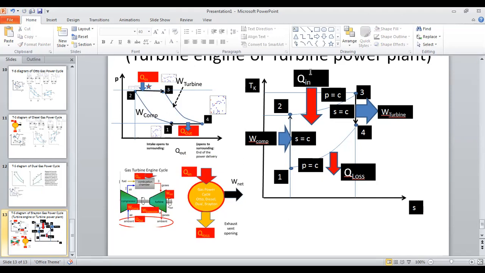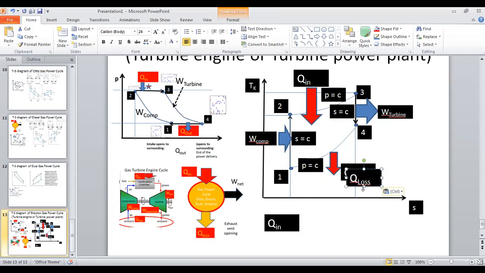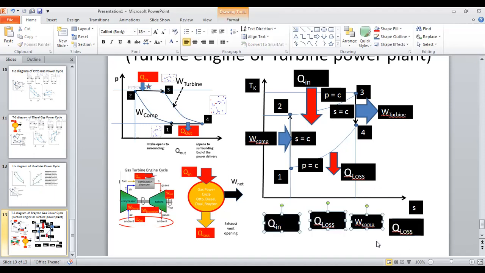And you can write the energy balance in terms of work and heat interactions in this cycle. Okay? Energy balance, the first law of thermodynamics, that is what is called the energy balance. You have to look into this. It is quite simple.